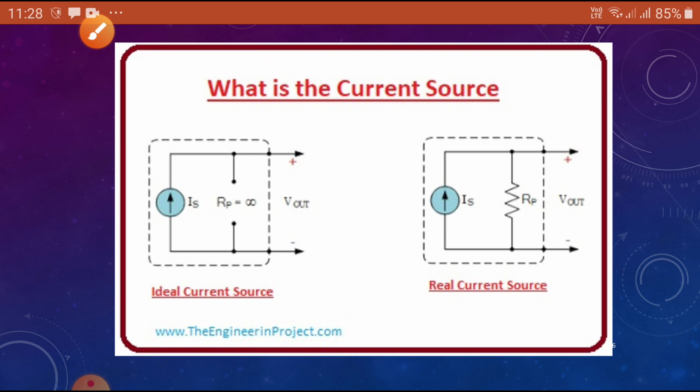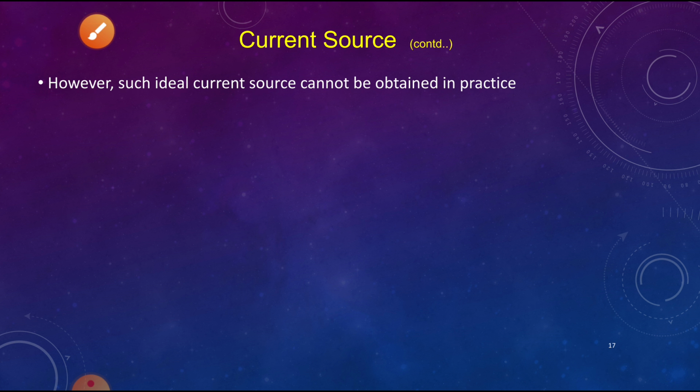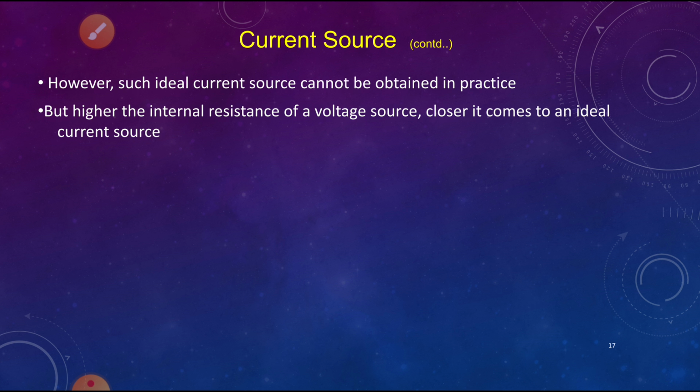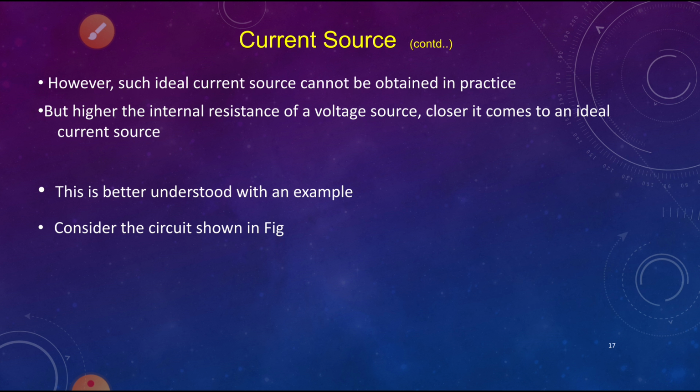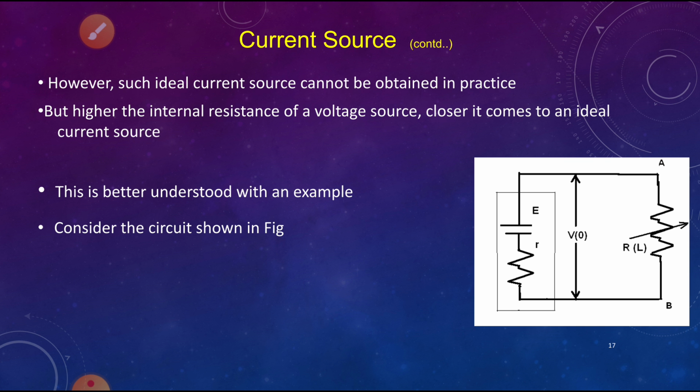Okay. Now, however, such an ideal current source cannot be obtained in practice, but the higher the internal resistance of the voltage source, the closer it comes to an ideal current source. This is better understood with an example. Consider the circuit.